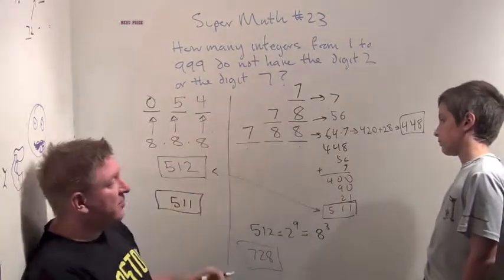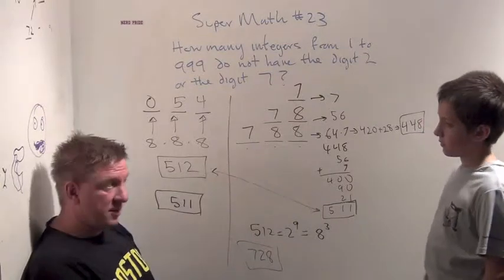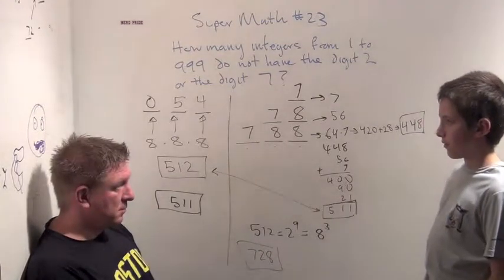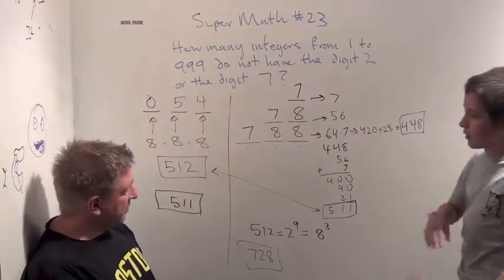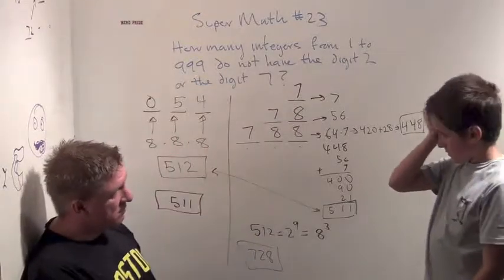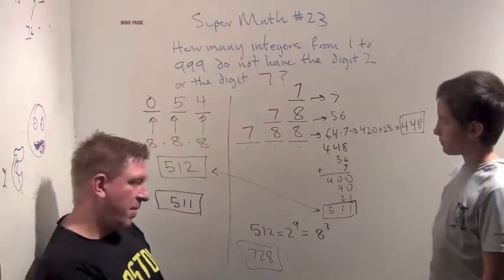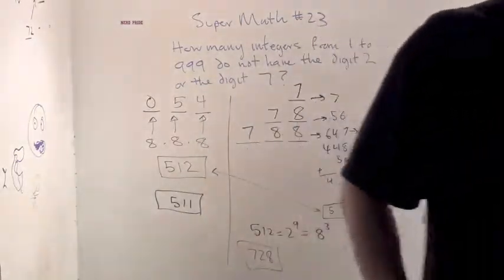If I said we're going to miss 3 digits, what should we get 1 less than? 7 cubed. Do you happen to know what 7 cubed is? It's 343. So 342 numbers would be missing, say, 2, 7, and 5. Pretty neat, actually. Alright, good job. That's a neat counting problem.